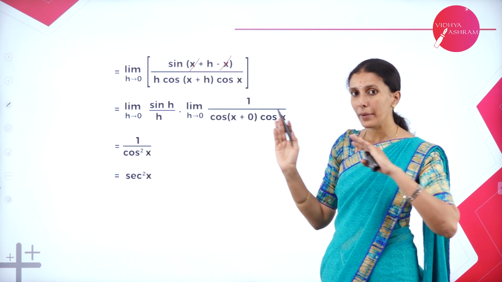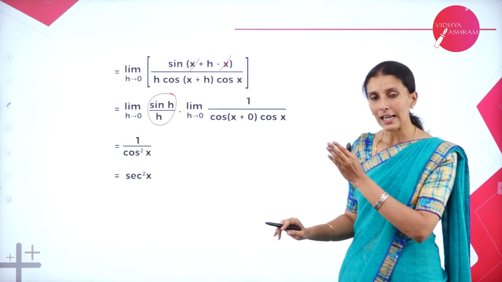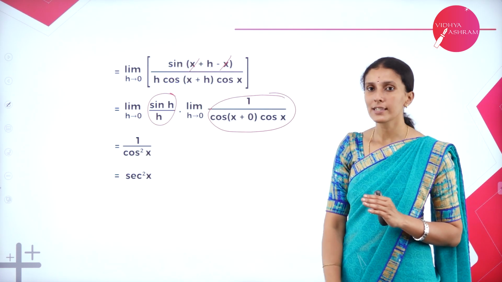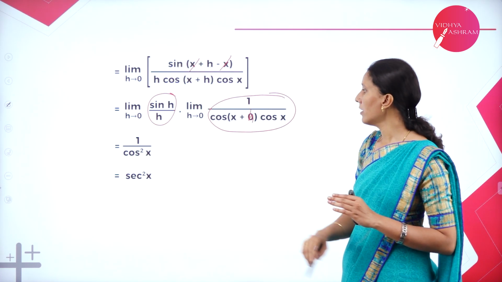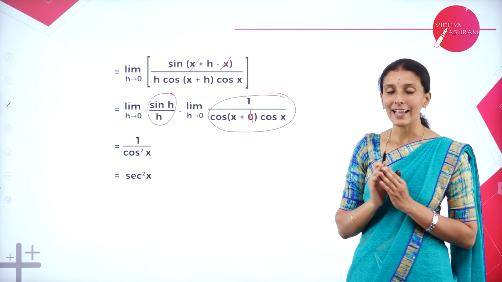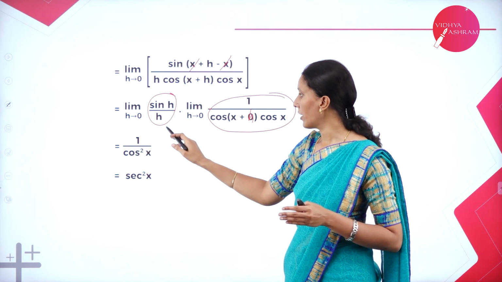Therefore, I have written it separately in the form of sin h by h, and the other part of the denominator separately in the form 1 by cos(x+h) into cos x. Now apply the limit as h tends to 0. When you apply the limit, this value is 1.